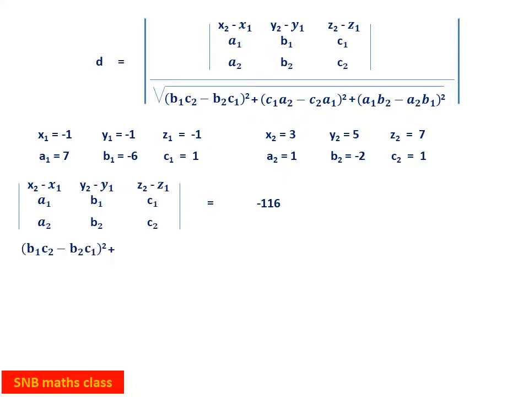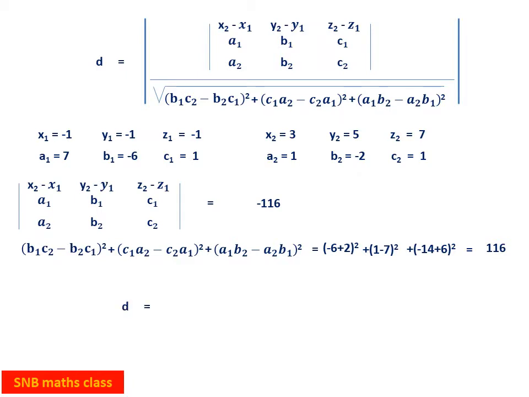Let us calculate b1 c2 minus b2 c1 squared, c1 a2 minus c2 a1 squared, and then a1 b2 minus a2 b1 squared, which will be minus 6 plus 2 squared, plus 1 minus 6 squared, plus minus 14 plus 6 squared. When you simplify, you get once again 116. Very interesting. The numerator is minus 116, the denominator is root 116.